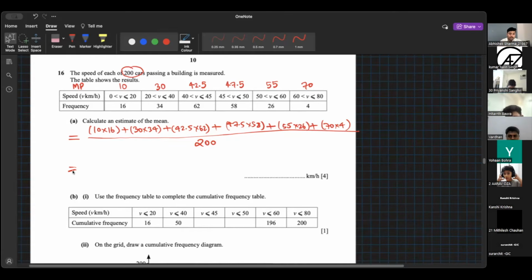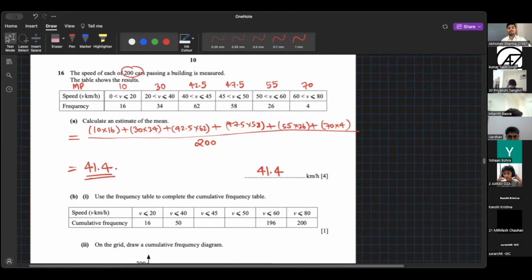So 10 into 16 bracket close plus 30 into 34 bracket close plus 42.5 into 62 bracket close plus 47.5 multiplied by 58 bracket close plus 55 into 26 bracket close plus 70 into 4 bracket close, whole divided by 200, and I am getting 41.4. Check.